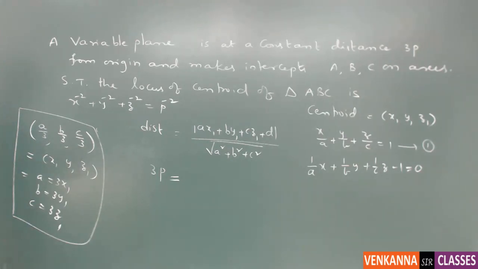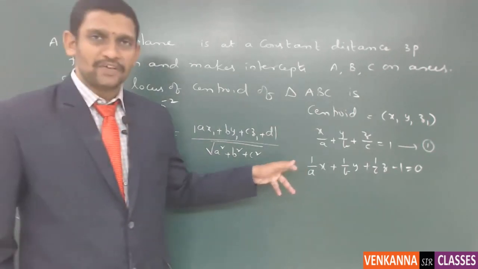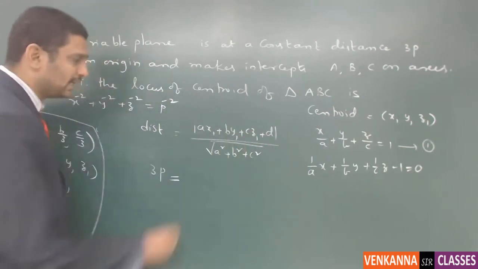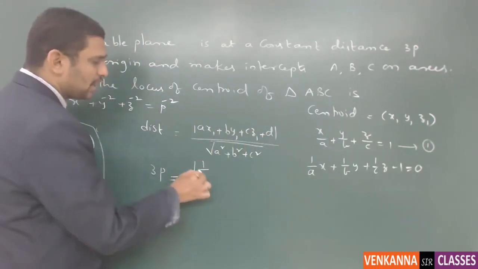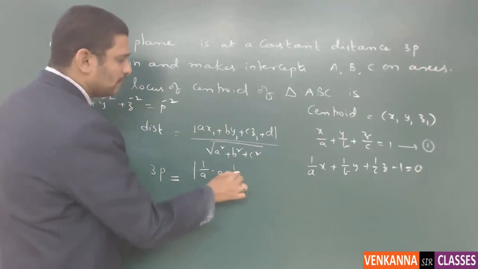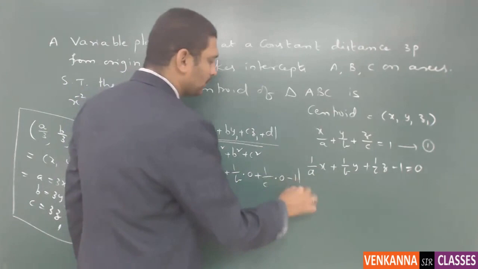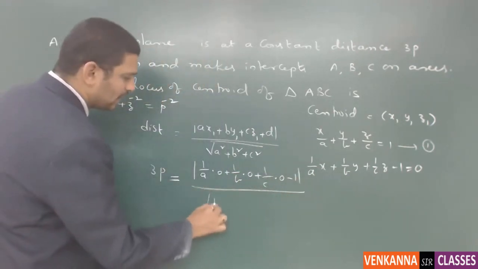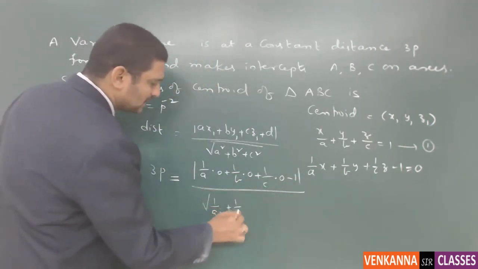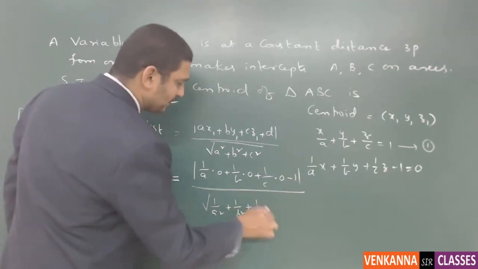The values a, b, c, d are the coefficients of the plane: d stands for the constant, and a, b, c stand for the x, y and z coefficients respectively. Substituting into our plane equation, it is modulus of 1 by a into 0 plus 1 by b into 0 plus 1 by c into 0 minus 1, whole divided by square root of 1 by a square plus 1 by b square plus 1 by c square.